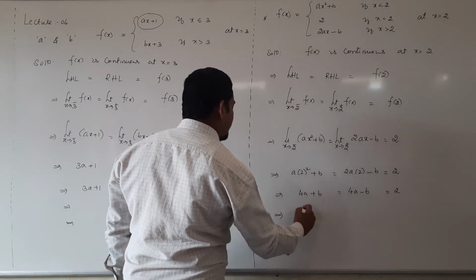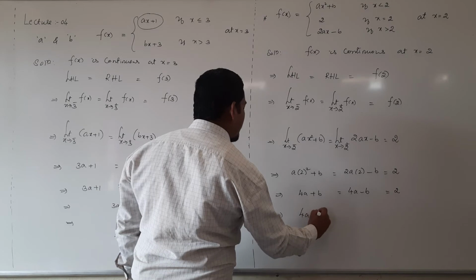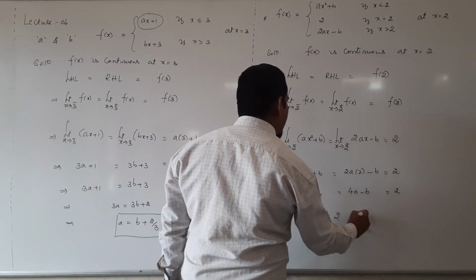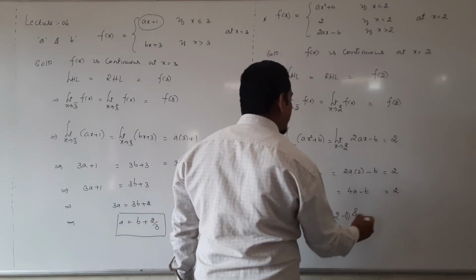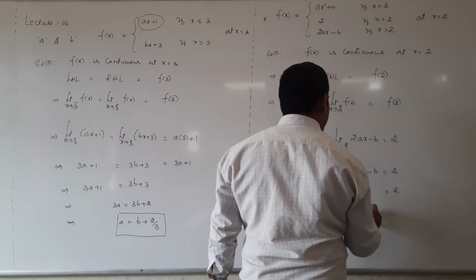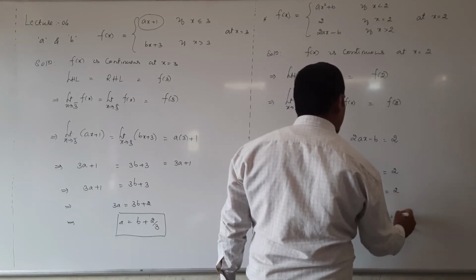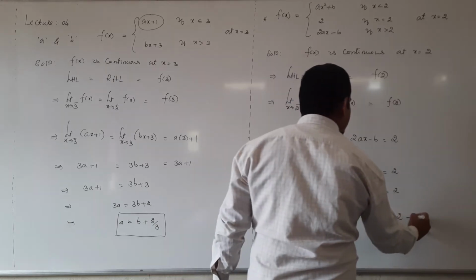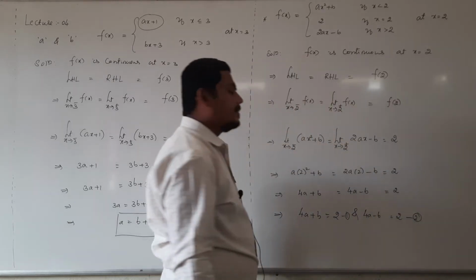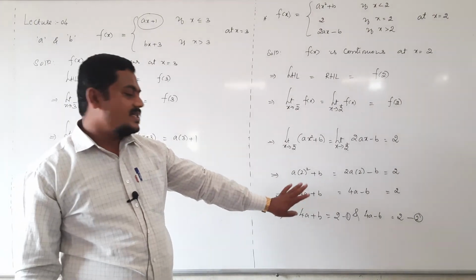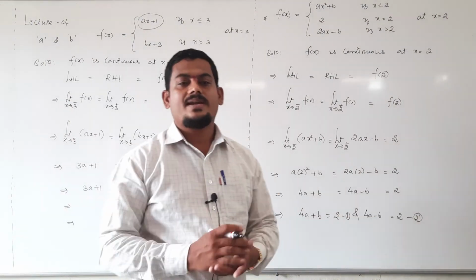From this condition, 4a plus b equal to 2, take this as equation number 1, and 4a minus b equal to 2, take this as equation number 2. Now solve equation number 1 and 2, then you get a value and b value.